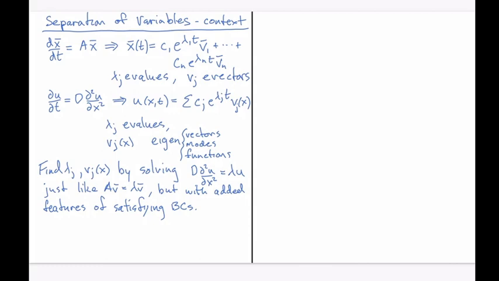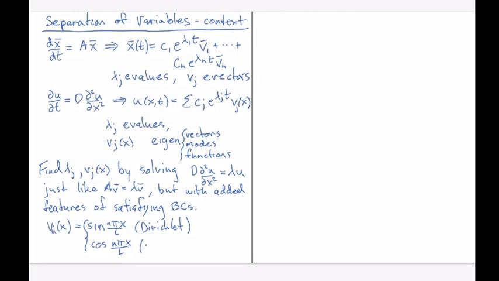And what we find is that the v_j of x are either equal to sine of n pi x over L in order to satisfy, let's say, Dirichlet conditions, or they're equal to cosine of n pi x over L. I guess those should be j's, so to be consistent, maybe it's easier for me to just make those j and n.